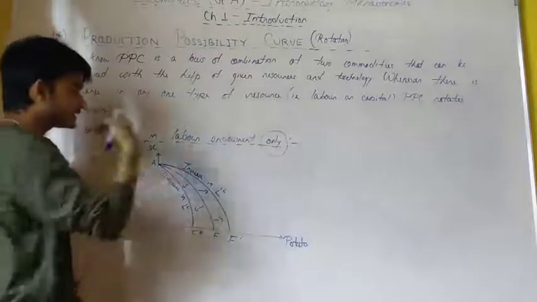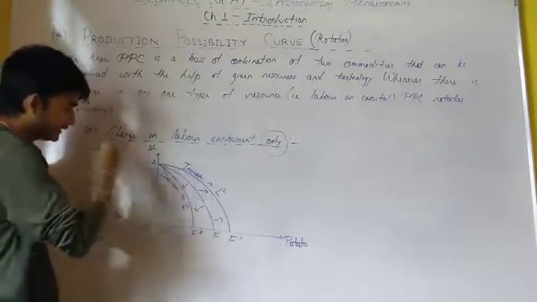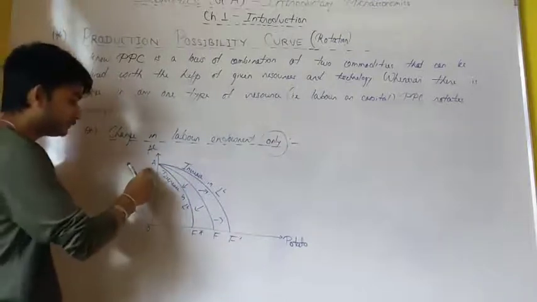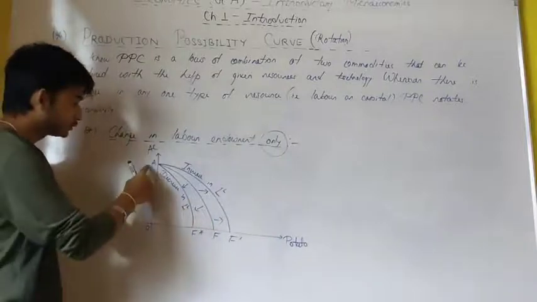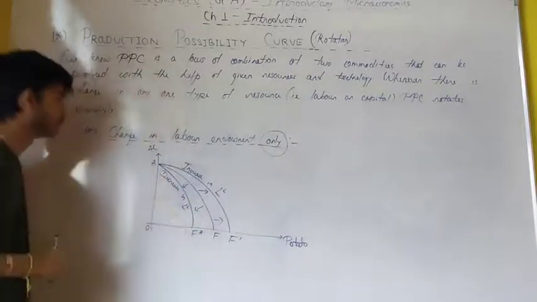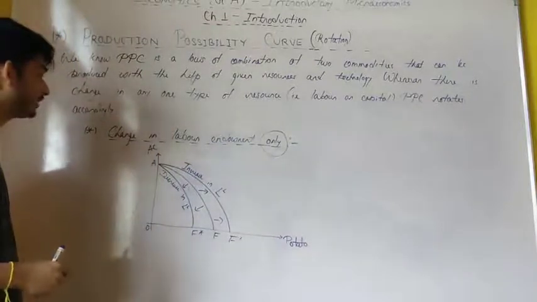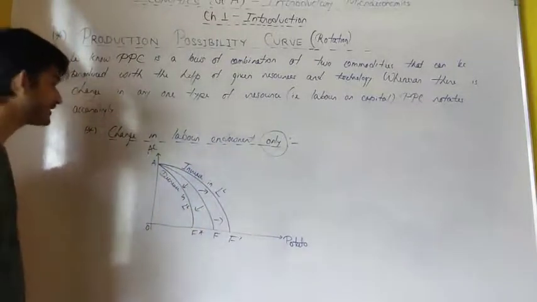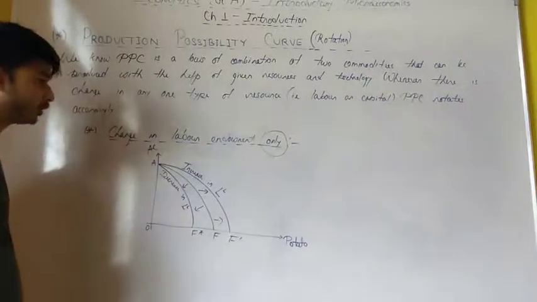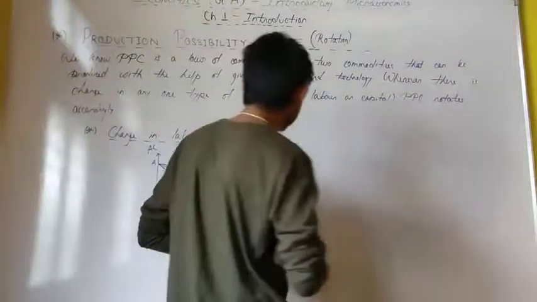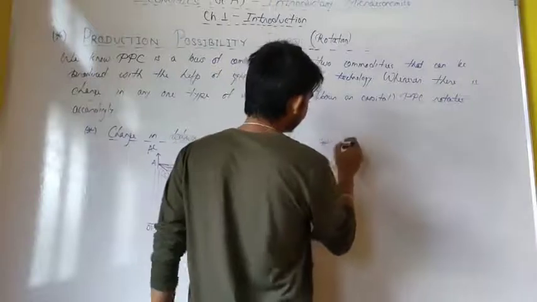So when there is decrease in labor endowment, the production possibility curve, which is AF, will rotate inward to AF star. So this is the change in labor endowment and how the PPC rotates when the change is associated with labor endowment only. Now moving next, we will talk about the change in capital endowment.